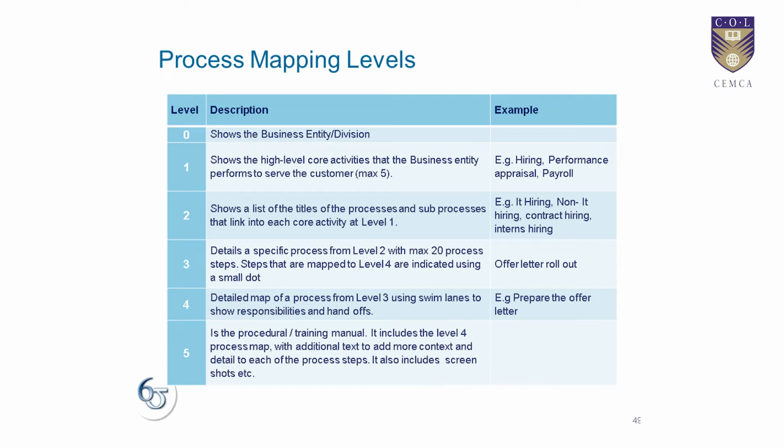And this is very important to understand, because in the organization, when we are trying to automate a process or trying to use methodologies like robotic process automation, we need to detail out the process at these levels: level 0, 1, 2, 3, 4, 5, sometimes it can go up to level 6 also. It depends on how complex the process is.